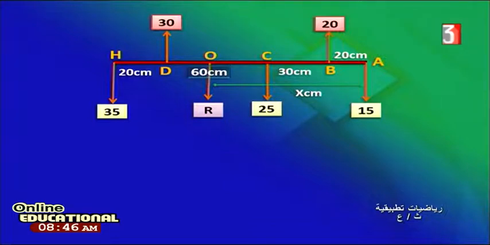Remember, R is the resultant of the forces, which acts at X centimeter from the point A. We suppose the resultant of the forces R acts at a point O at the distance X centimeter from A.